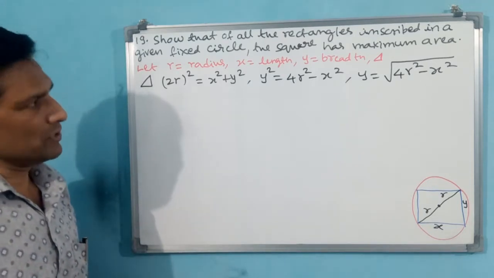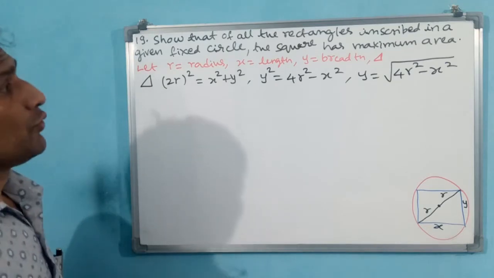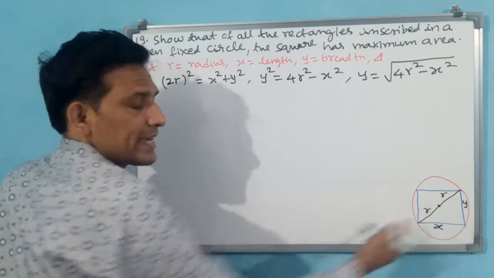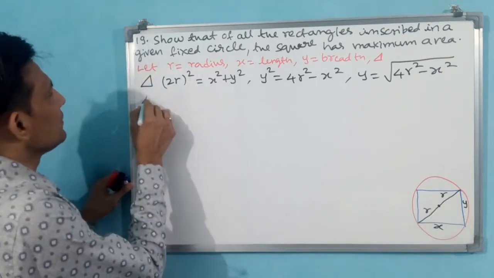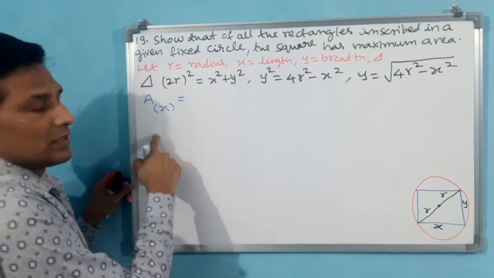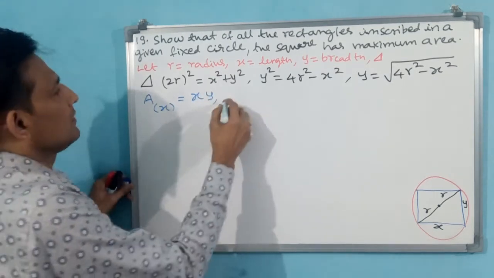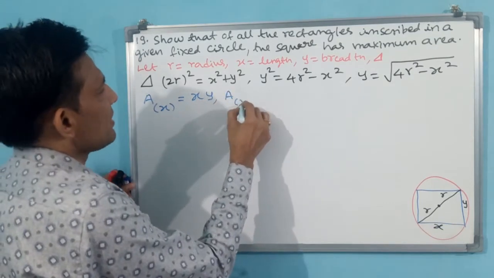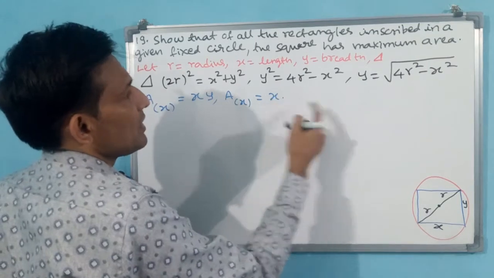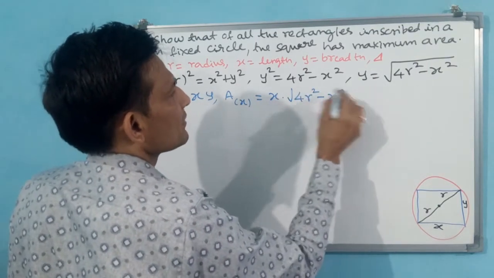Okay. Now proceed further. Now see, you have to take maximum area, that means area of rectangle, length into breadth. Area in terms of x I am taking, xy, that is equal to, again I am writing, area of x is x only, but y I am taking as root of 4r square minus x square.